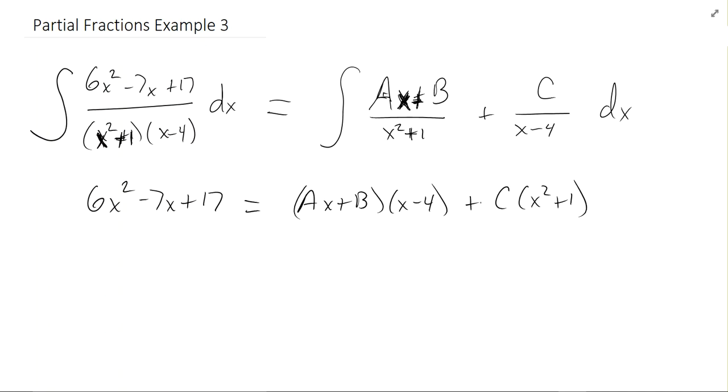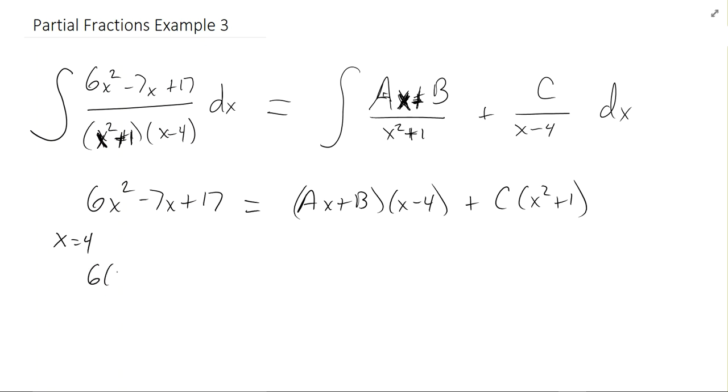And now I need to find out what a, b, and c are. And again, the quick way is these two should be true for all values of x. And so any value of x you choose should make them the same for these two polynomials. And so I'm looking at that x minus 4 and thinking, well, if x is equal to 4, some really nice things are going to happen.